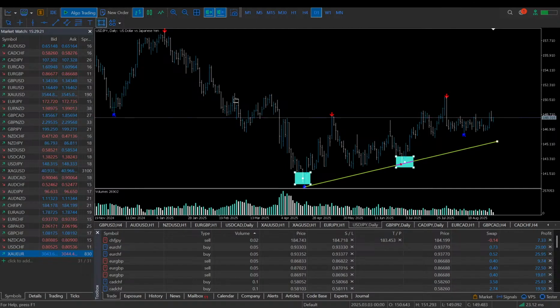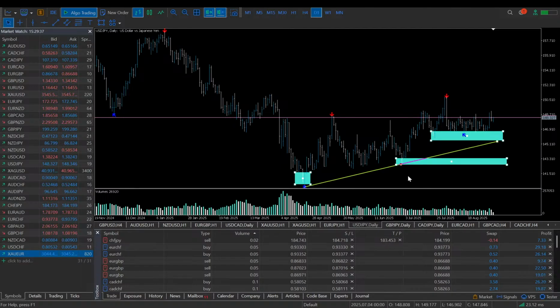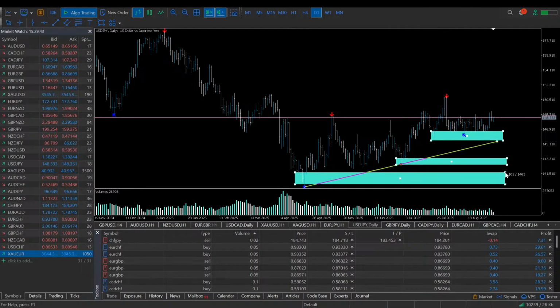Currently we have another higher low sitting right here, so we can identify this area as a support level that the market can take advantage of. Yet there are other supports that we can also consider.